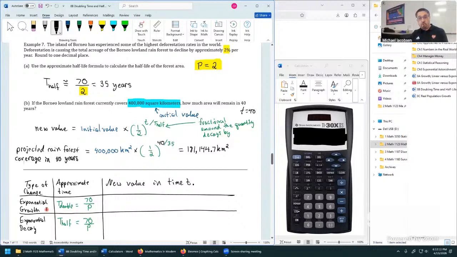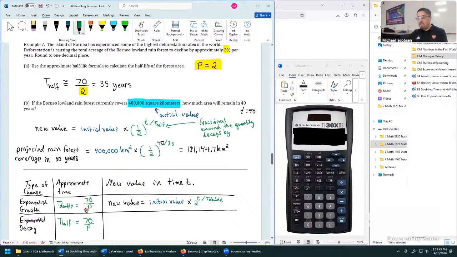If it's exponential growth, the formula is going to look like this. New value equals initial value, we multiply that against 2 raised to the power of t divided by t double.